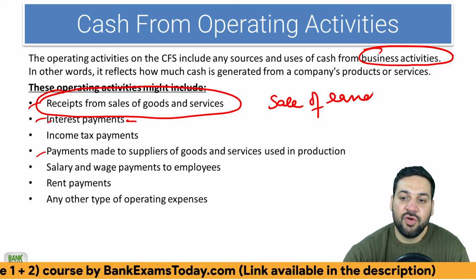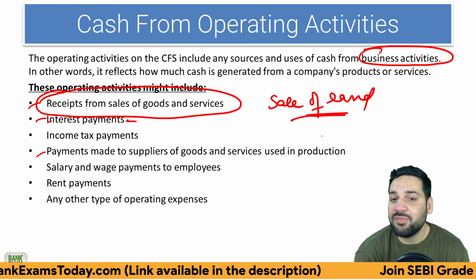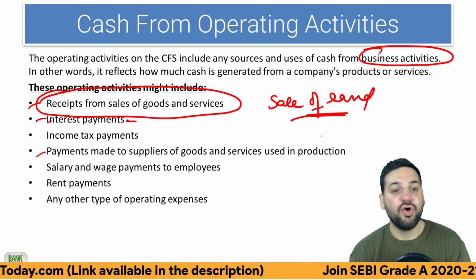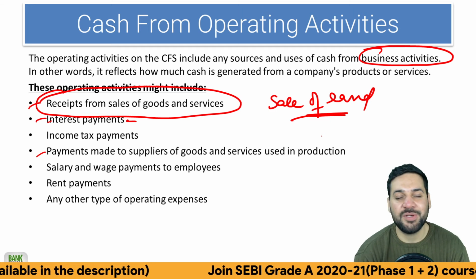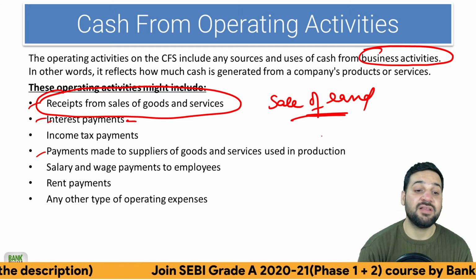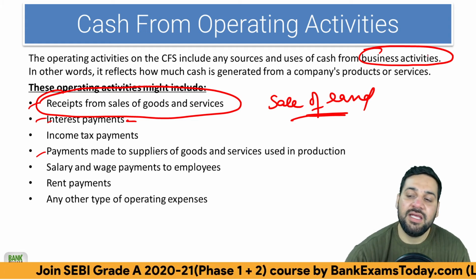Sale of land, for a real estate company, is an operating activity because that is what their business is. But for, let's say, an online education company, sale or purchase of land is not an operating activity because it's not the business.